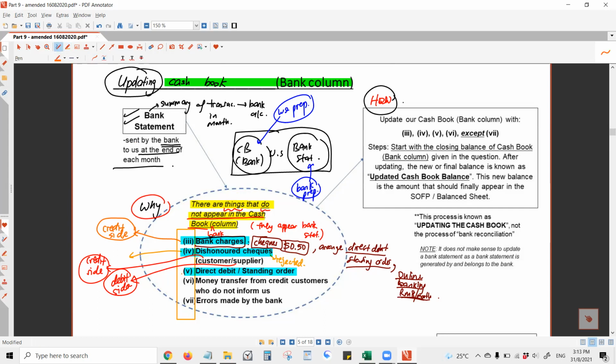Okay, when you have received the bank statement, oh, now I can remember that a few months ago, I have arranged a direct debit or standing order. Okay, so after you notice that there's this item in the bank statement, you will also use this item to update your cash book bank account. So what do you think? Will I debit or credit my cash book bank account?